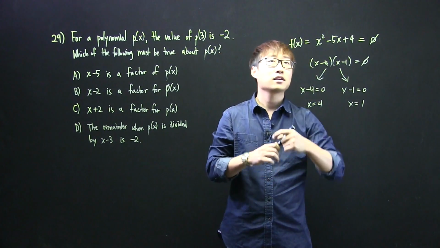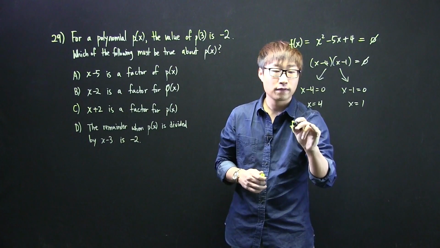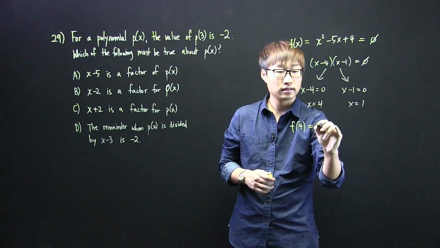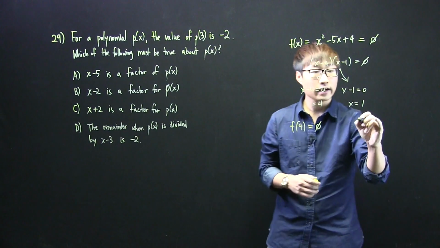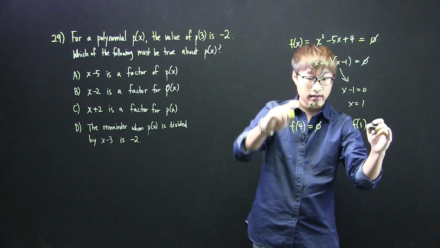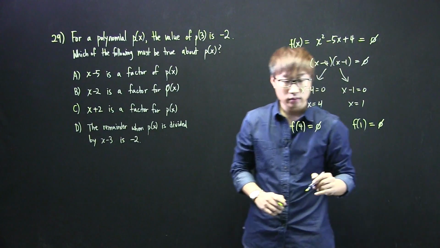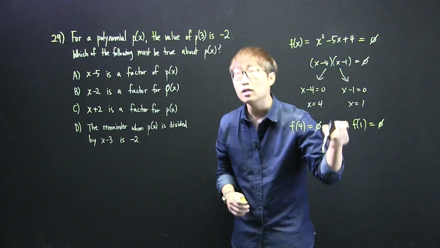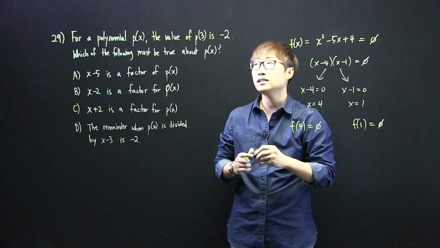So think about this. I can say f of 4 is 0. And I can also say f of 1 is also 0. Does that make sense? Now, taking that same logic onto this problem, let's see what it says.